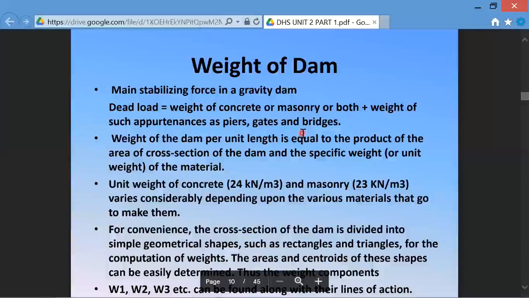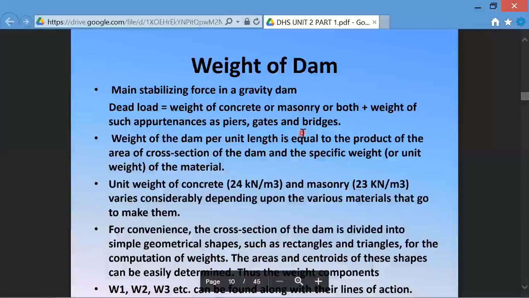Now what will be the density? That is the weight density, nothing but the unit weight. We all know that the unit weight of concrete is 24 kilonewton per meter cube. The weight density for masonry is 23 kilonewton per meter cube.